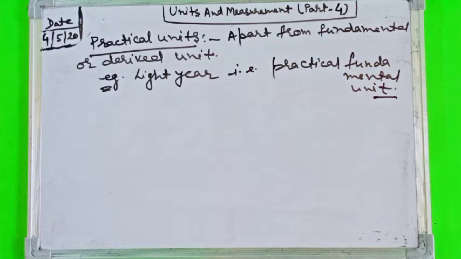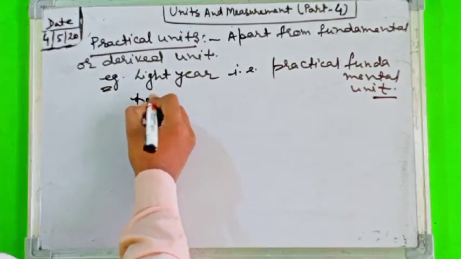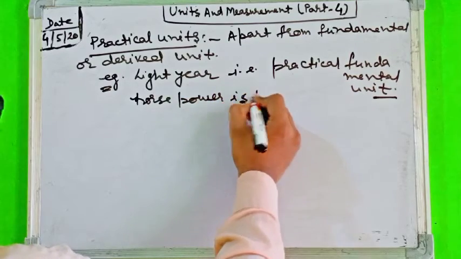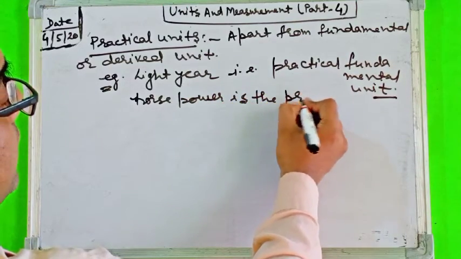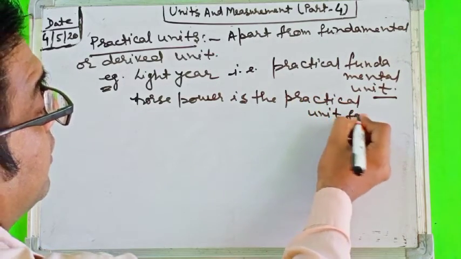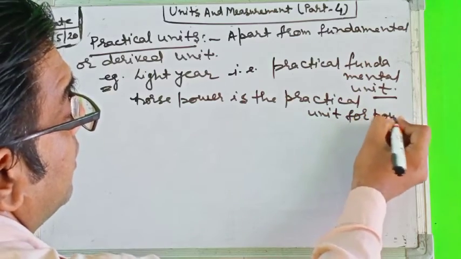And the light year can be expressed in various forms like kilometer, meter, centimeter. In whatever way we want to express light year, we can express. Horsepower is the practical unit for power.